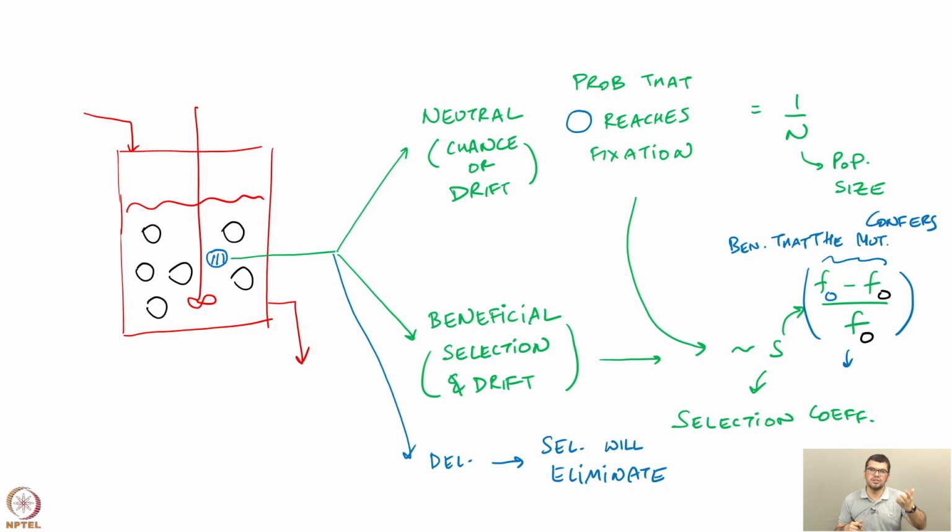So even if they were to escape the action of drift and not be eliminated early on, and their numbers increase in frequency, even then selection will not let them rise too much in the population.